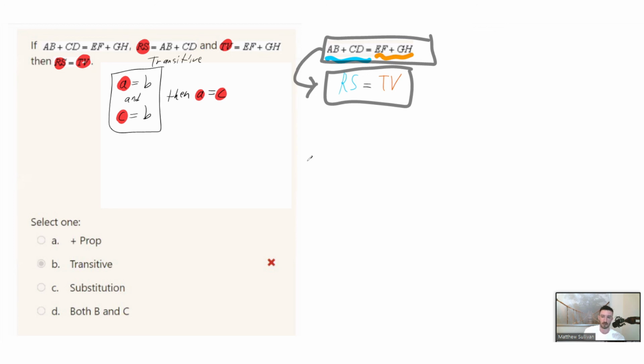So I'm not sure if he meant you would have to use both of them, or it could be B or C. Because you don't actually need to use both of them. So if you would have selected substitution, then I would say he should have still marked you right. I think it's a little unclear what he meant. Let's just move on to the next one.